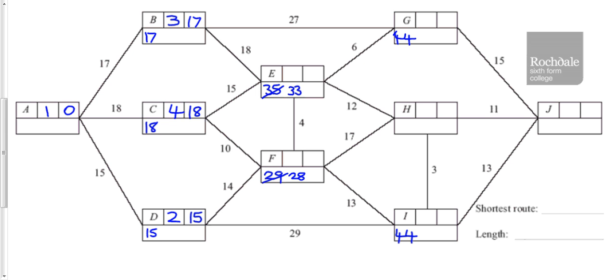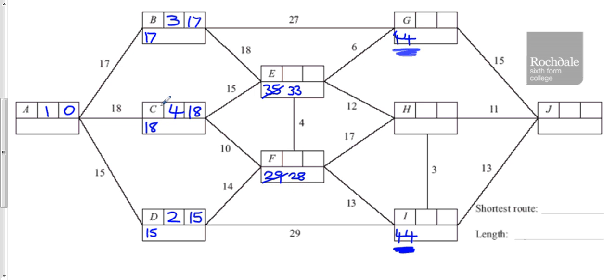So I'm back to looking at all the working values of the unlabelled vertices. So not A, not B, not C, not D. I'm looking at E, which is 33, F, which is 28, G, which is 44, and I, which is also 44. The smallest of those is clearly 28.